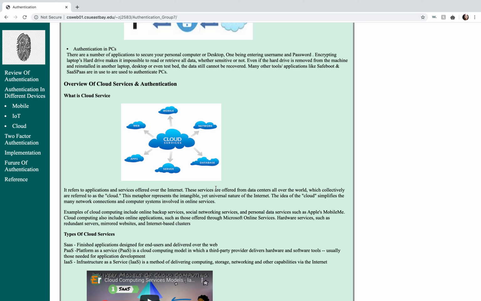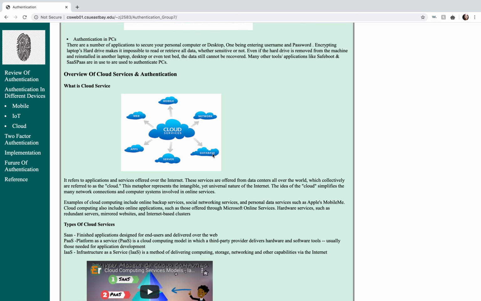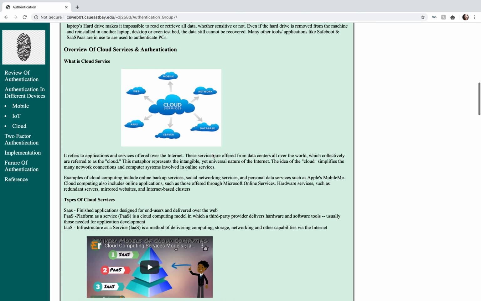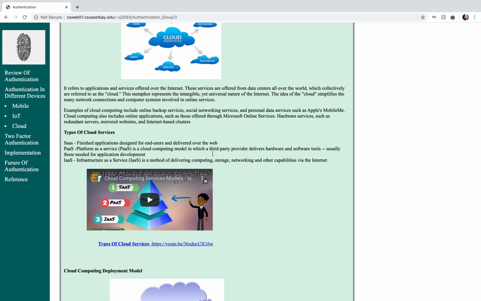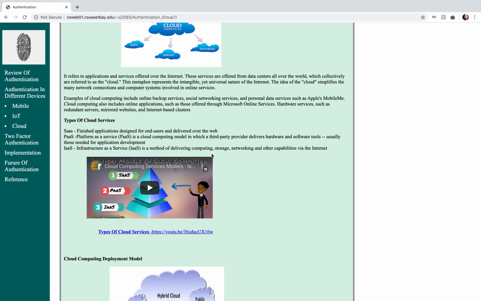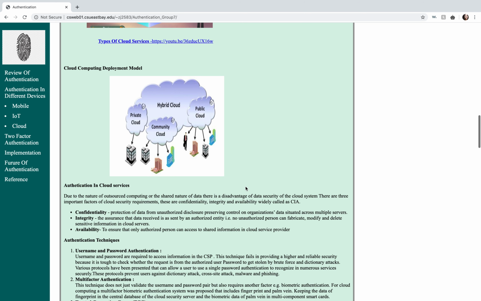Now let's see how authentication plays an important role in cloud service. The cloud is a generic platform connected to numerous networks. Different techniques are used for each type of cloud, such as IaaS, PaaS, and SaaS. The factors mainly important for cloud authentication are confidentiality, integrity, and availability.